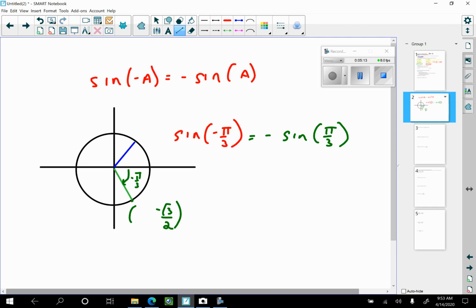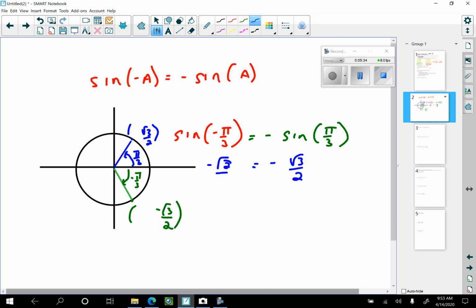If I go to pi over 3, bam, where this angle here is pi over 3, and this y value right here we know is square root of 3 over 2, and indeed, this is going to be negative square root of 3 over 2. So we have kind of verified that identity. We haven't proved it, but we verified it. We could actually prove that, but we're not going to worry about that.